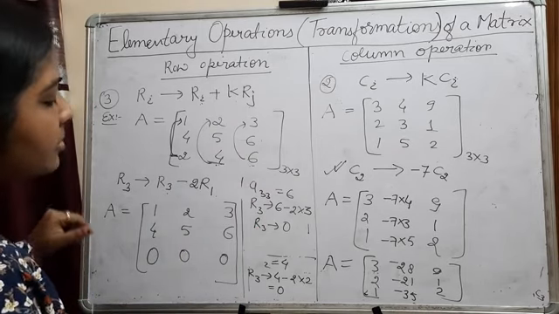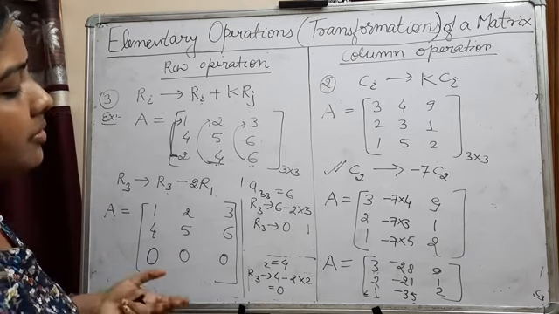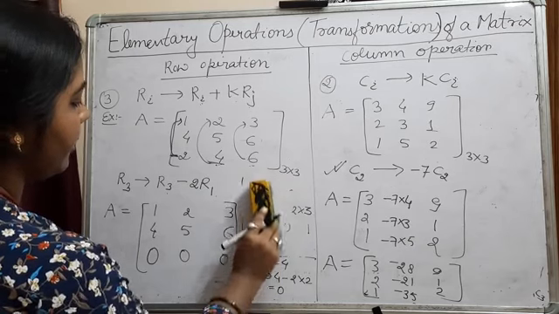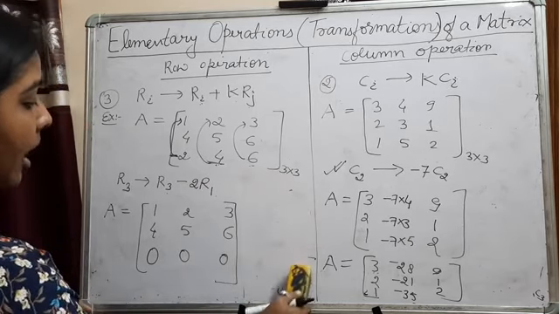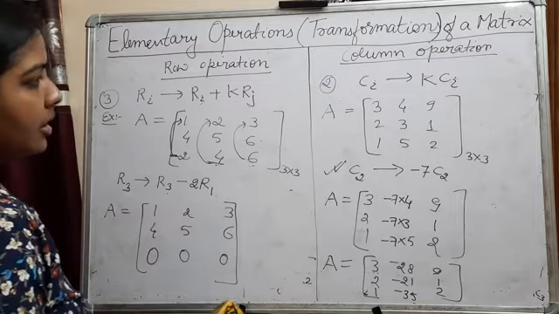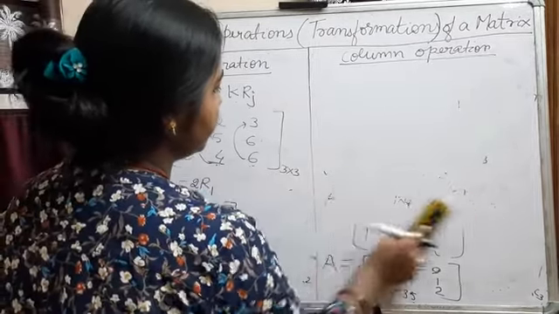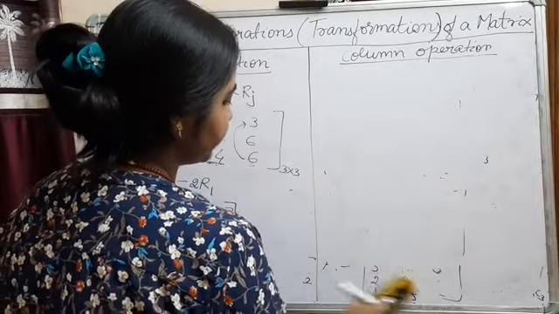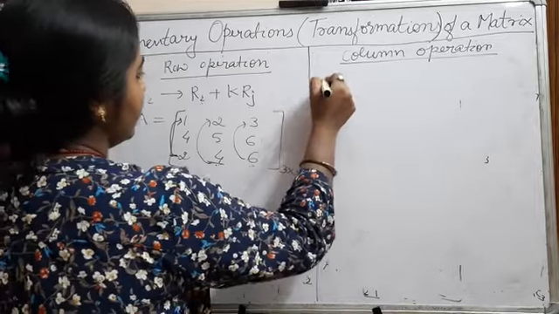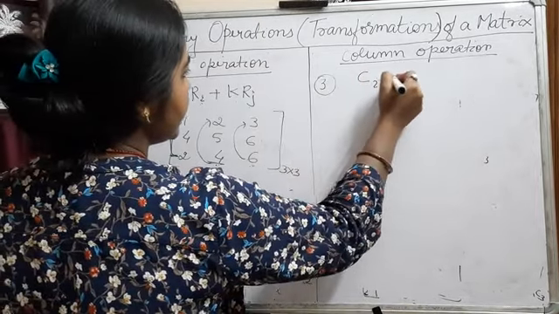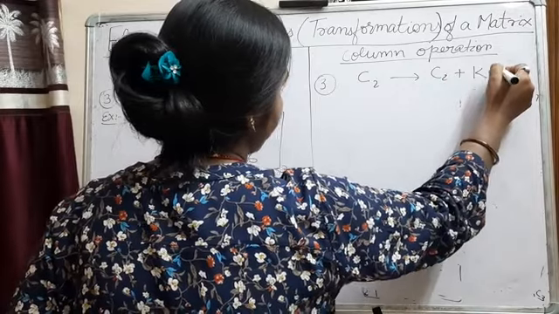So we will use all these 3 elementary operations in columns and 3 in rows for finding the inverse. I think you all are getting how to use it. Now the third elementary column operation we will discuss, that is Ci tends to Ci plus Kcj.